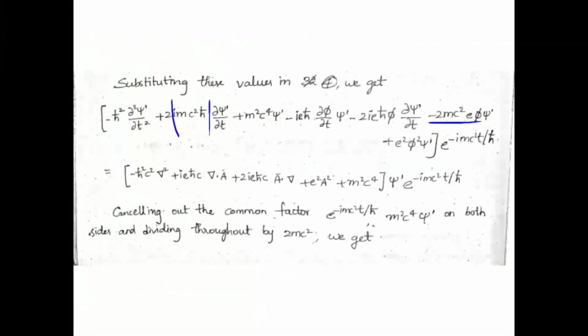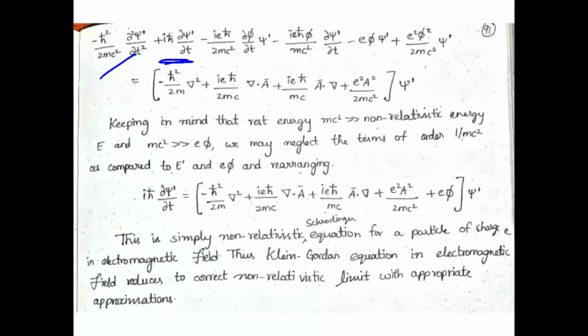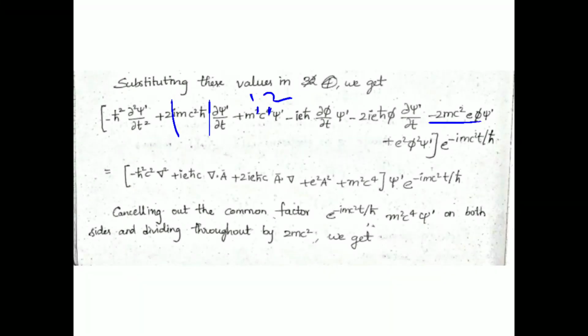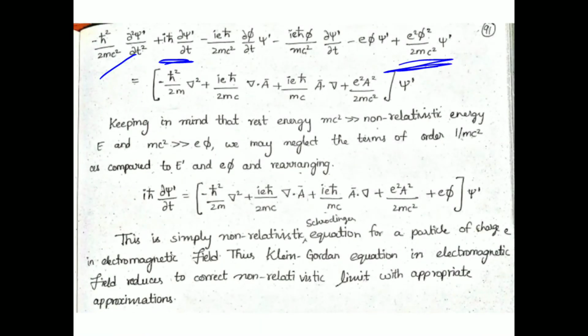And next also the same, so 2mc square would get cancelled and c square would get cancelled, and what would remain is here 2, here 1, so half mc square. Sorry, this is z dash.